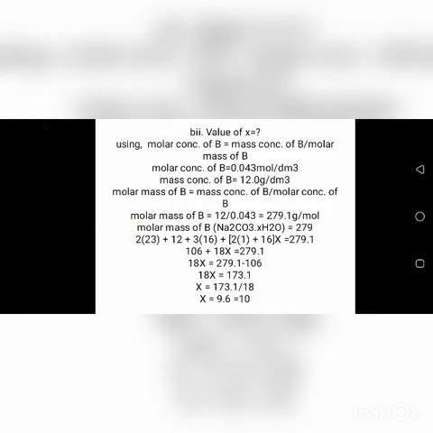The second question now asks us to calculate the value of X. X is attached to the base, sodium carbonate dot XH2O. So you calculate the molar concentration of B. Molar concentration of B is equal to mass concentration of B over molar mass of B. What we want to calculate here is the molar mass of B. The molar concentration of B that we have calculated is 0.043 mole per dm cube.